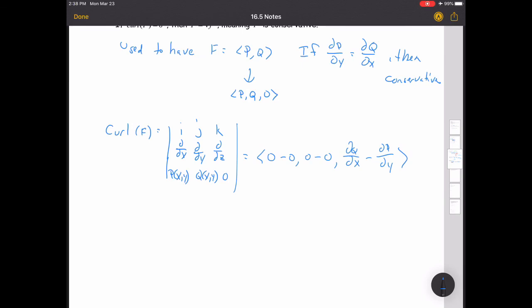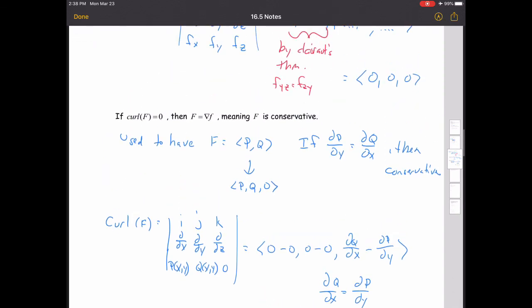Well, if dQ dx equals dP dy, then the subtraction of those two things equals 0, and you end up with the curl of f equaling 0, 0, 0. So again, all of that was really just to show you that this works both ways. It works for both meanings.